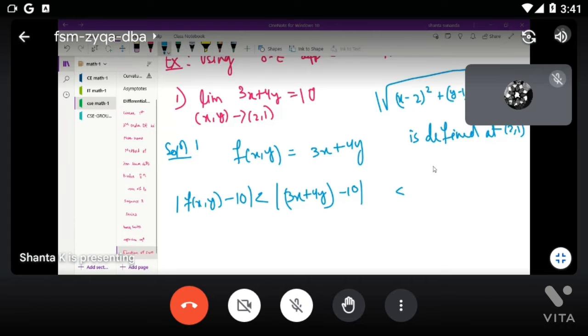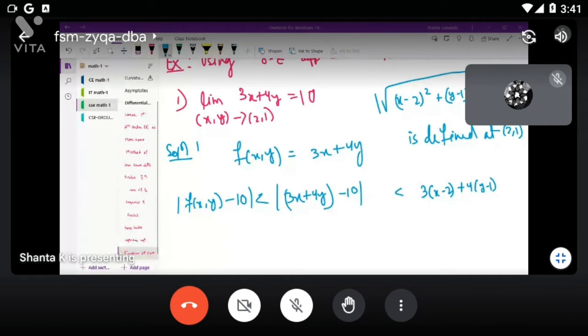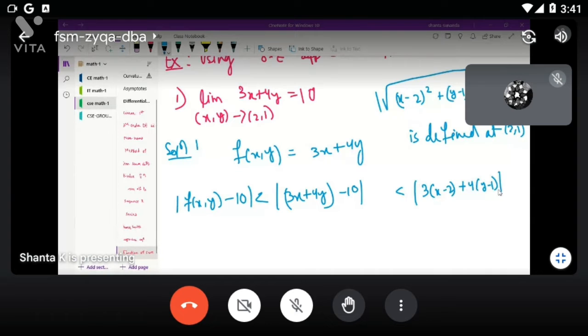So we will write down 3x minus 2, so this will be minus 6. How much are we left with? 4y minus 1, so here it is minus 6 minus 4. We are getting this as 10. Now this is what we have written. Now it should be less than 3 mod x minus 2 plus 4 mod y minus 1.